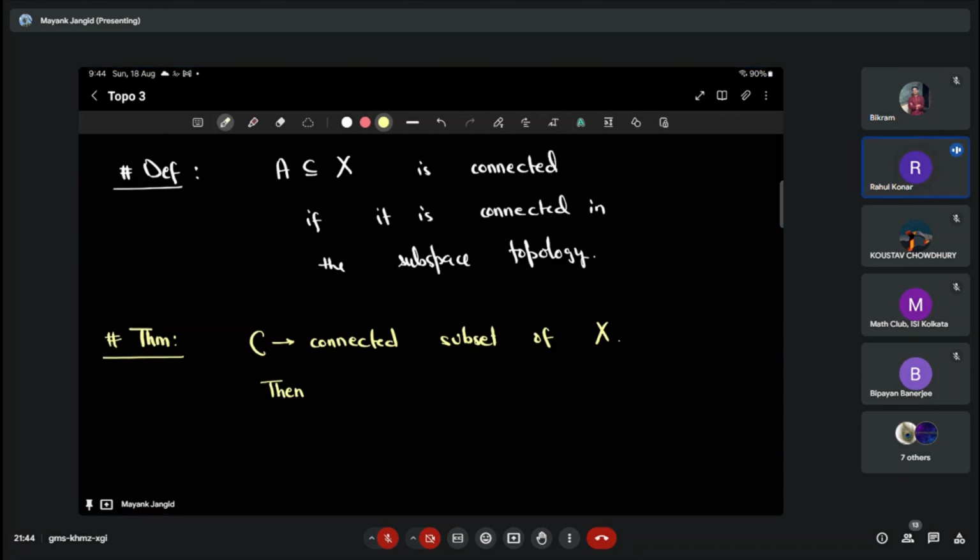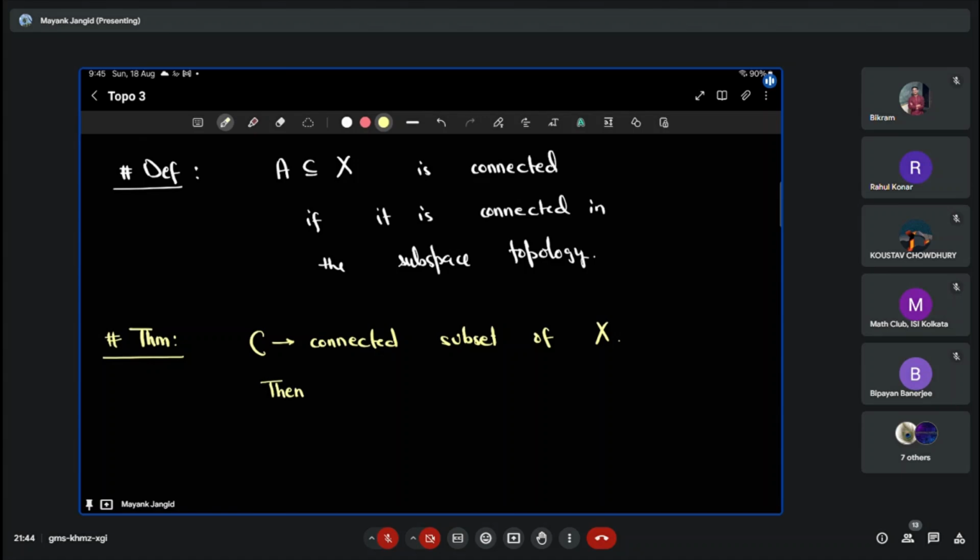Okay, but how can this be a definition? Shouldn't this be a claim or something? So we defined connectedness just for topological spaces. So to talk about connectedness of subsets of a topological space, we should have a topology on that subset. So which topology to consider? This is what I'm telling you. So this is the definition of that.